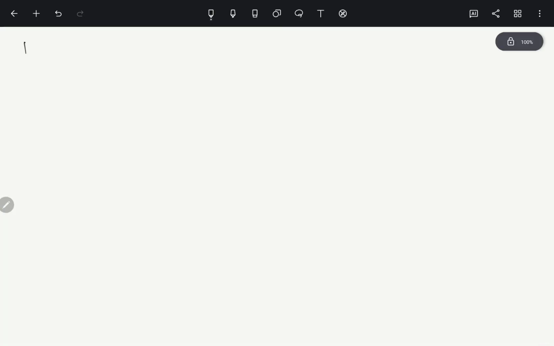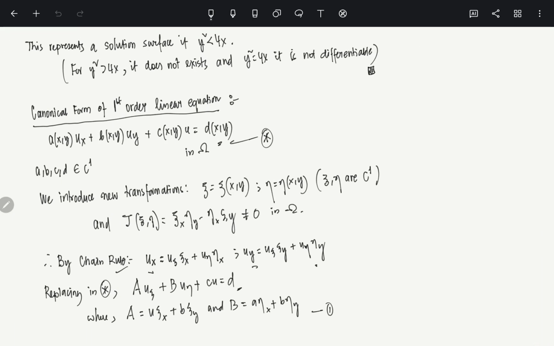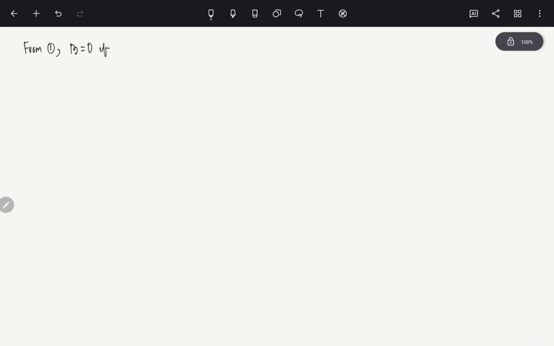Now from 1, let's say B equals 0. This xi and eta is on our hands. We want to find that xi and eta. So you see, B equals 0 if eta is a solution of a eta x plus b eta y equals 0.